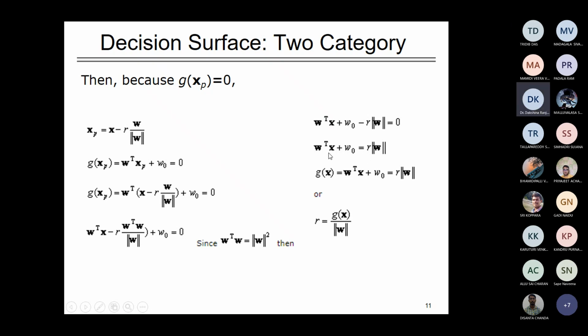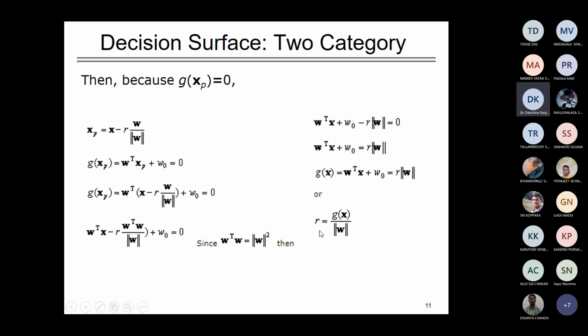Here w transpose x plus w0, we are taking the third term on the right hand side, and we can write w transpose x plus w0 equals gamma into w.